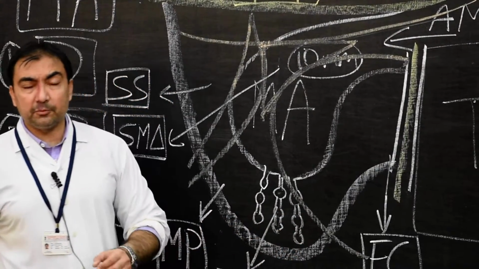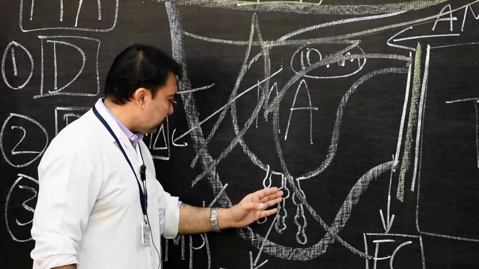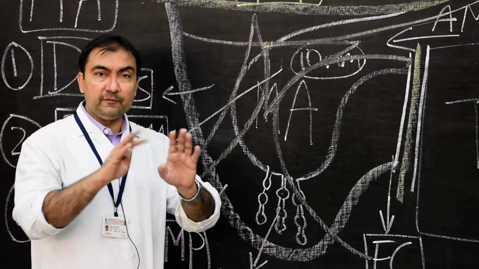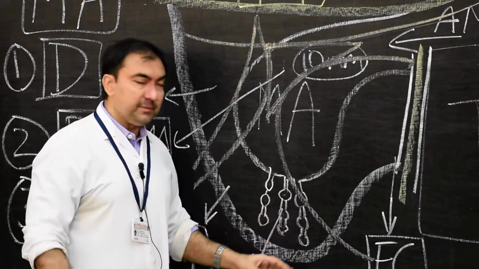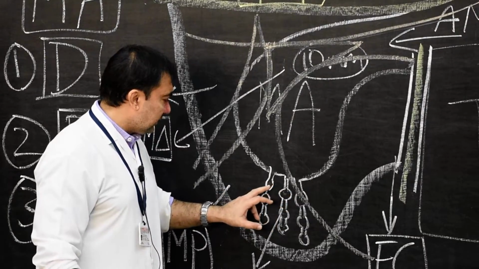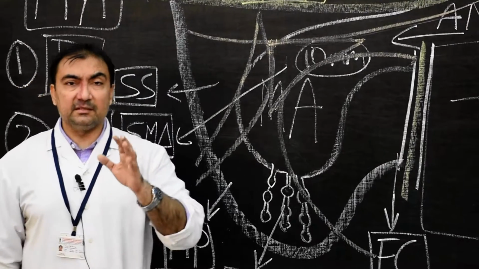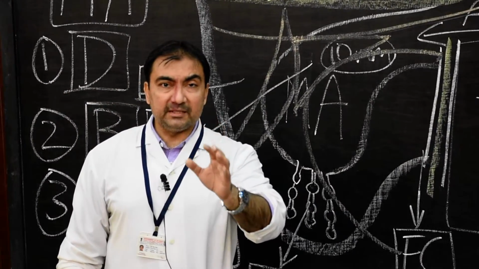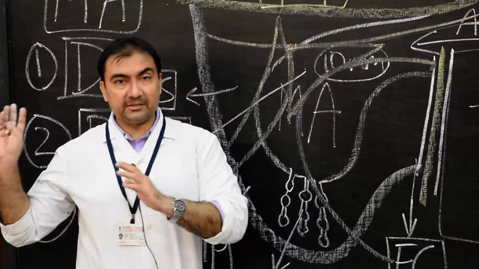Second category will be sclerotic, where instead of air-filled mastoid air cells, only bone will be deposited. And third category will be mixed, in which there will be partial presence of air and partial presence of sclerotic bone. This is the division of the mastoid process based upon mastoid air cells. So here we finish our mastoid antrum.